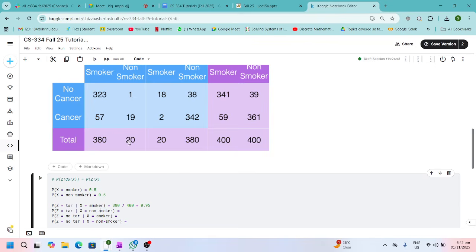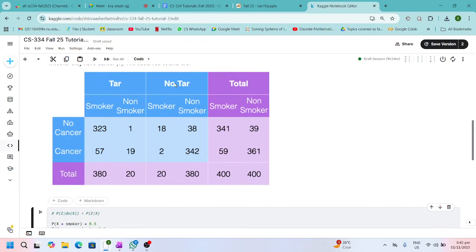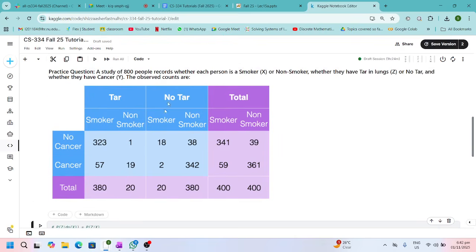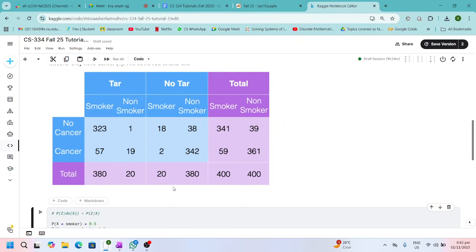Next, I can find the probability of tar in non-smokers. And that's fairly simple because this will be 20 over 400, just 1 minus the one above, which is 0.05. Similarly, we move on to the next data, on no tar. So Z equals no tar and X equals smoker. There are 20 smokers out of 400 who do not have tar.